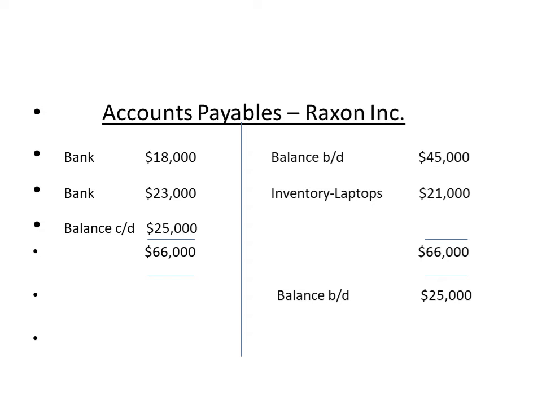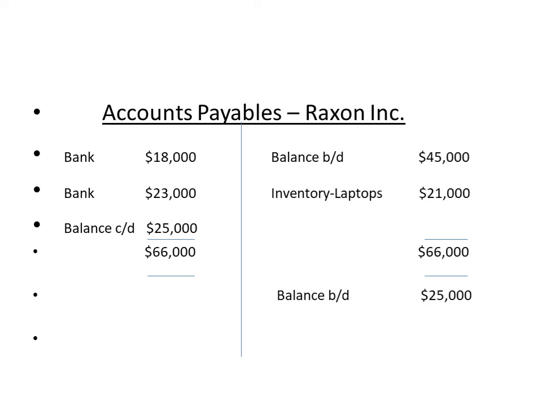Then we made some purchases of laptops, so we recorded $21,000 in the account as inventory purchase. And on the debit side, we made some payments to Rexon, $18,000 and $23,000. So these were the only transactions for the month. And then we had to balance this account.